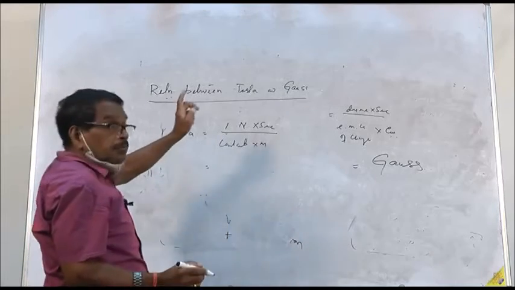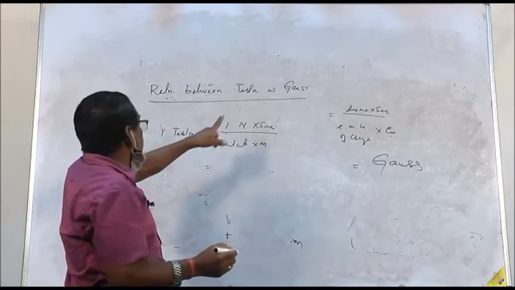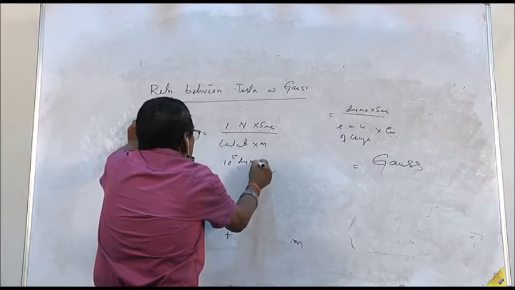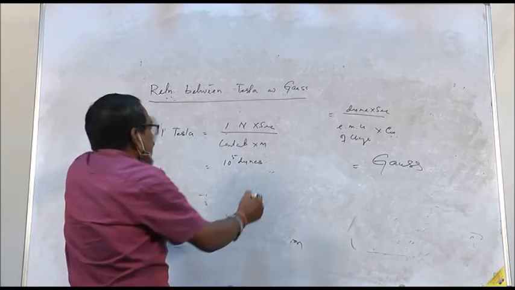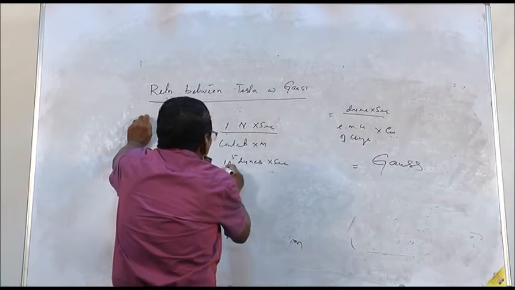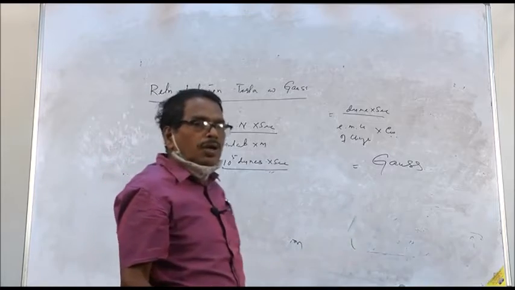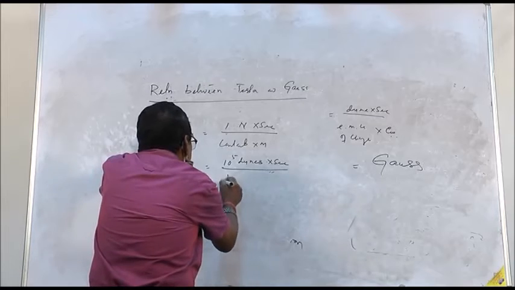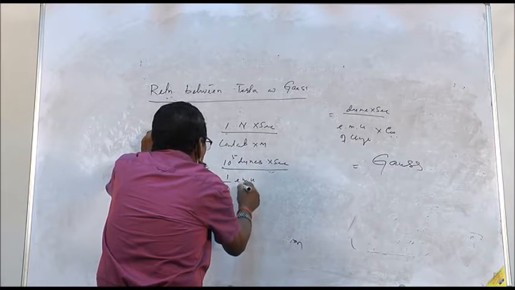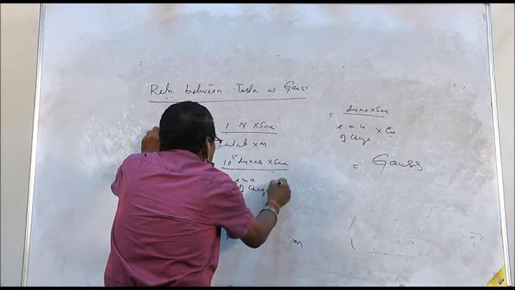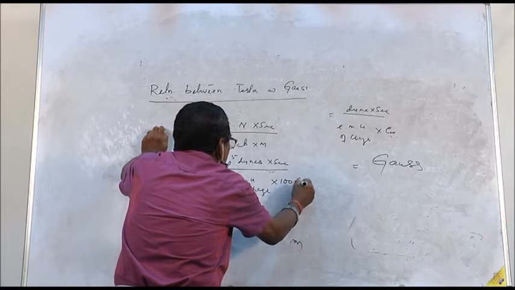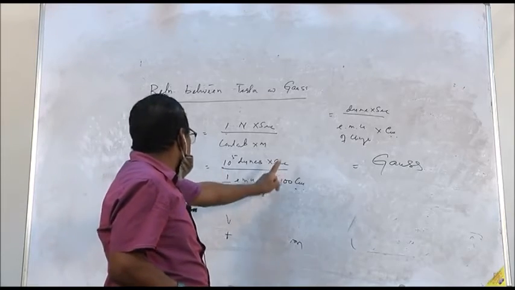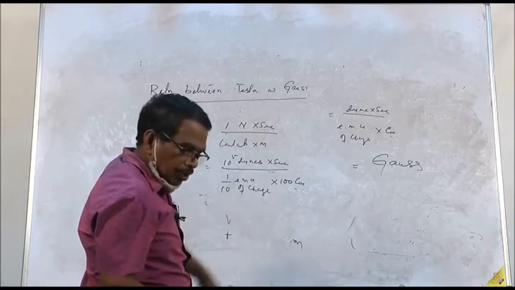Now we will convert it to Gauss. In place of Newton, let us take 10 to the power 5 dynes. 1 Newton is 10 to the power 5 dynes. Second remains as second. 1 Coulomb is 1 by 10 EMU of charge. Meter is 100 centimeter. So 10 to the power 5 dynes into second by 1 by 10 EMU of charge into 100 centimeter.